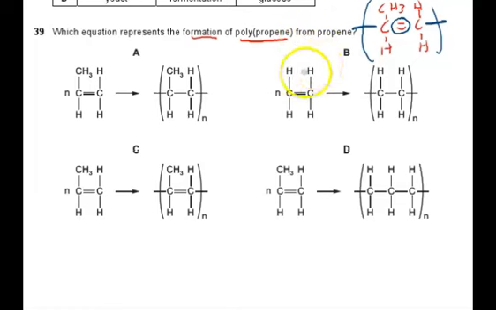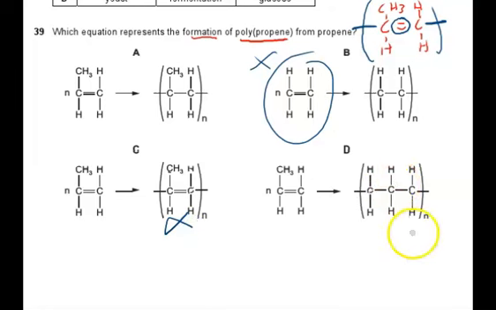So let us check the equation. This is wrong. Okay, now let us check. There is no double bond in the polypropene. Not this. It should be this one, the A. Okay, so this is for 39.